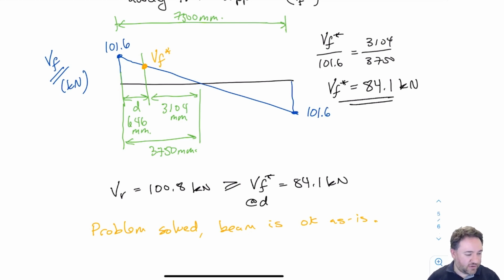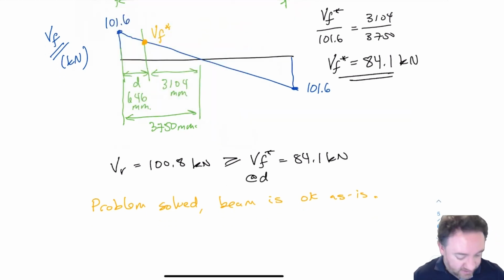So we are good to go. I don't have to always do this calculation every time. If I satisfy the even worse case, which is VF at the support, that's fine. It's conservative, like maybe moment is what is governing my design. Okay, so let's look at the next option.